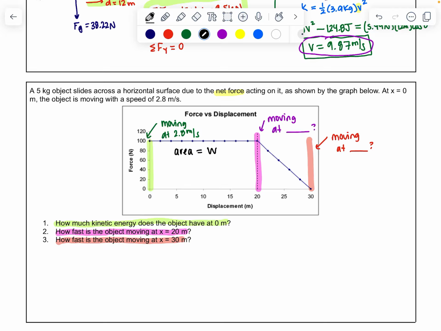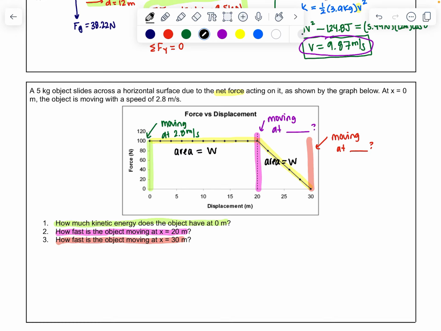And specifically what's happening here is that this area just between 0 meters and 20 meters will give you the work that is done from 0 meters to 20 meters by a 100 Newton force. The same is true as we go here from 20 meters down to 30. If we calculate the area here, it's going to give us the work that is done in moving the object from 20 meters to 30 meters. So those skills still transfer.